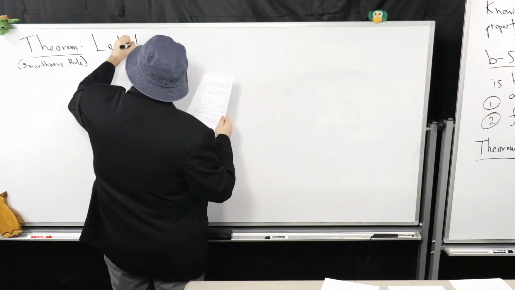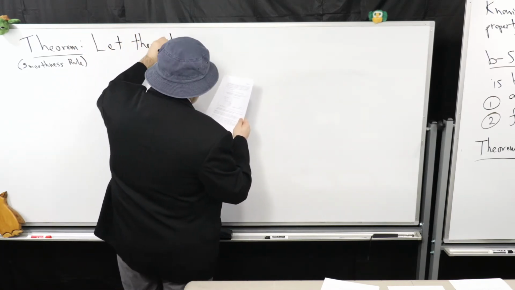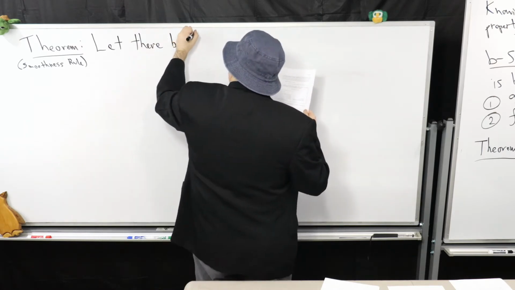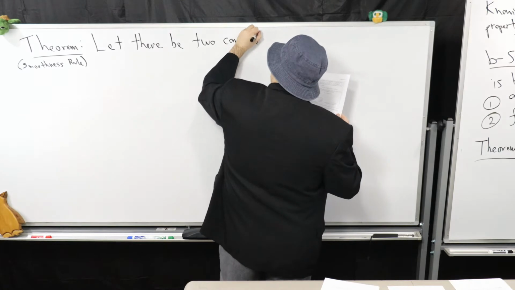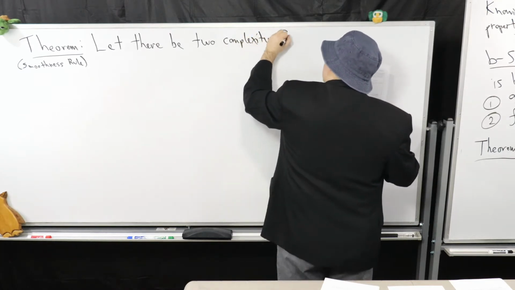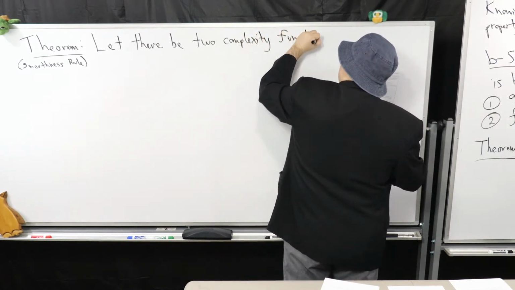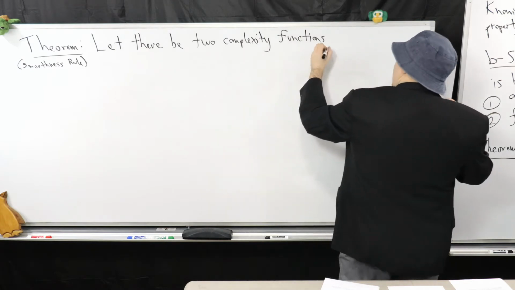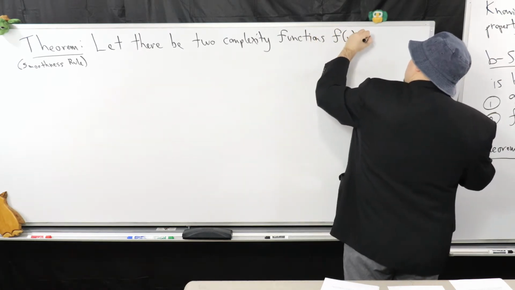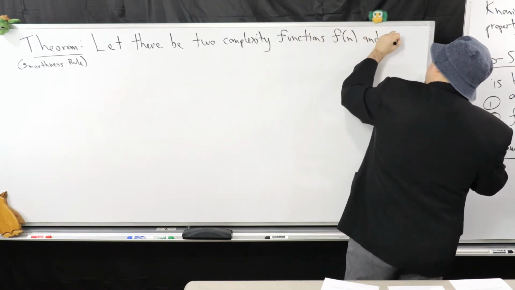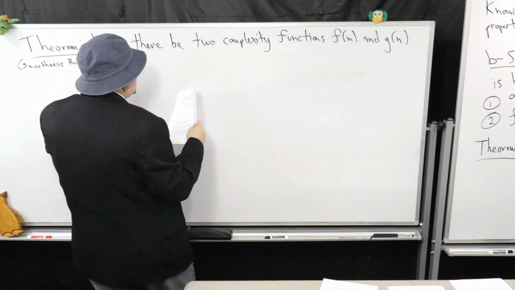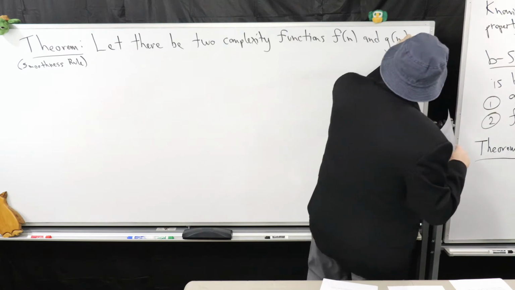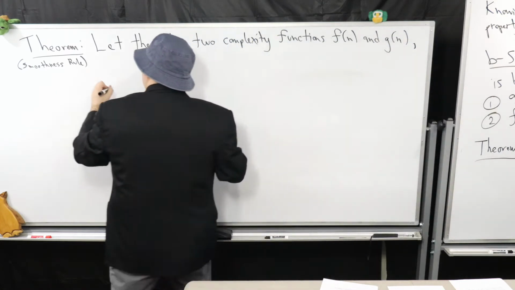So I'm going to say, let there be two complexity functions, f and g. I need a comma. Don't forget your commas, it's very important.